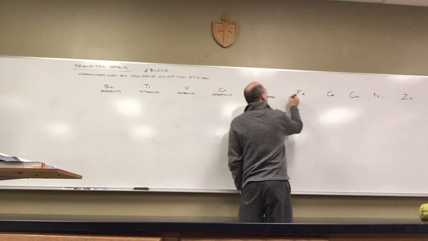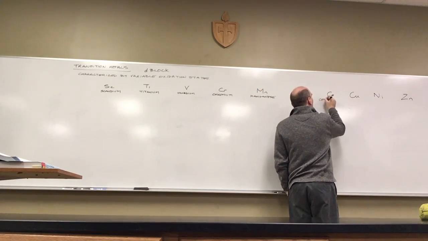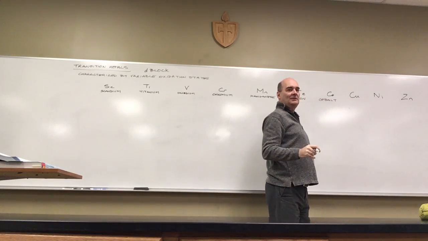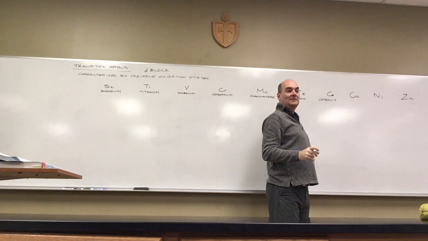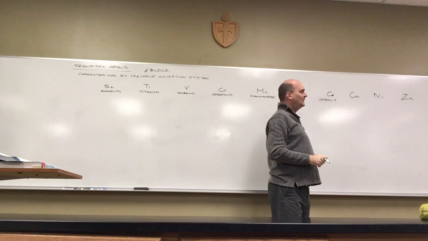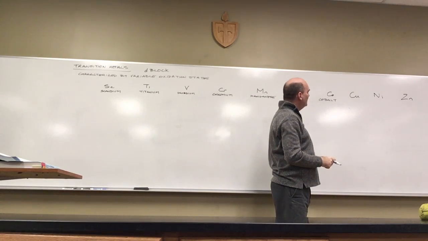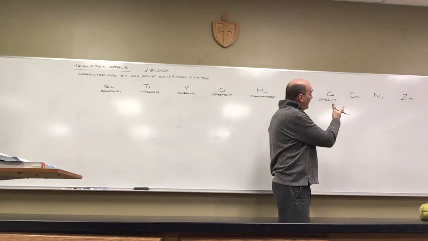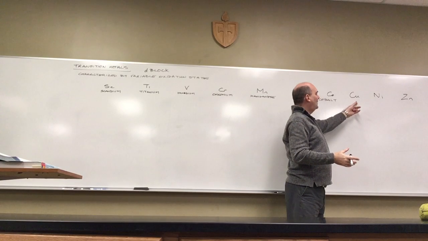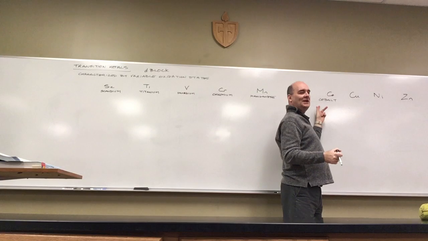Manganese, and iron, and cobalt. Cobalt is named after a German word for goblin, because when you're trying to mine, they were probably trying to mine copper, and this kept getting in the way.